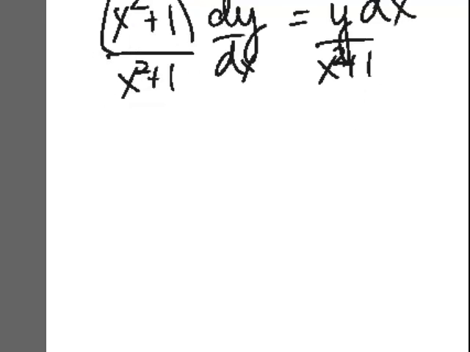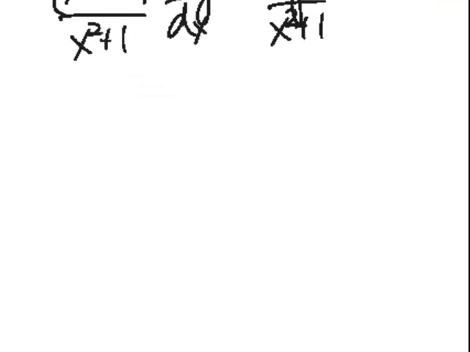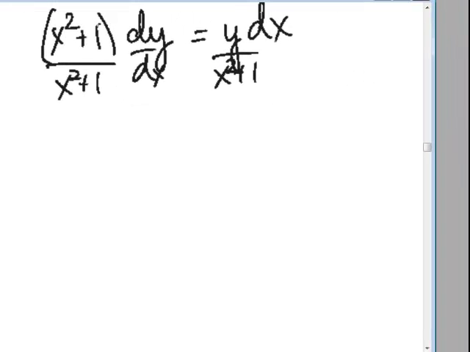And then after that, the x squared plus 1's cancel on this side, and I'm left with, oops, that dx is no longer on this side, is it? We multiplied it on the other side. Should have caught that. Sorry, it's late making a video.